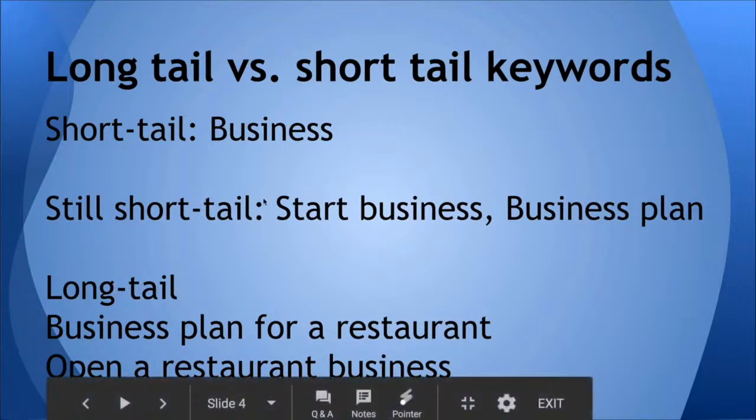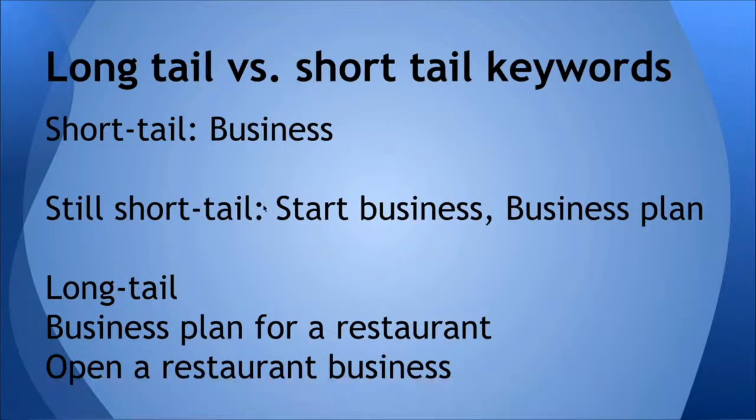And you see the long tail keyword example that I have is business plan for a restaurant. And you can geek out on this. You can go business plan for a restaurant, business plan for a coffee shop, business plan for a mechanic, business plan for a mobile app, business plan for anything, spaceship, you see. So you can go very long tail. And in the beginning, the long tail keywords are the ones that are going to get you your initial downloads.